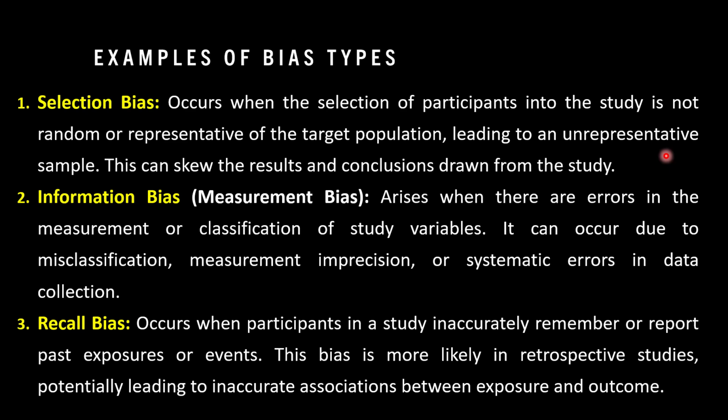I may have recall bias when participants in a study inaccurately remember or report past exposure or events. So it's a recall bias. So we may have many types of bias, and any author of an epidemiological study should make an effort to convince me that he or she acted well on the bias to reduce them.